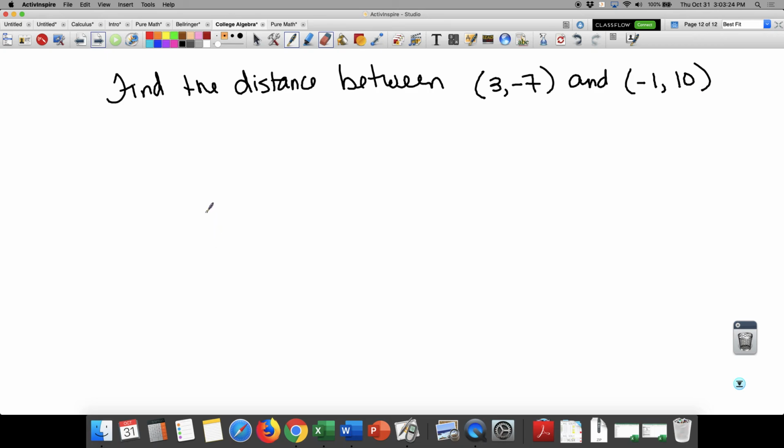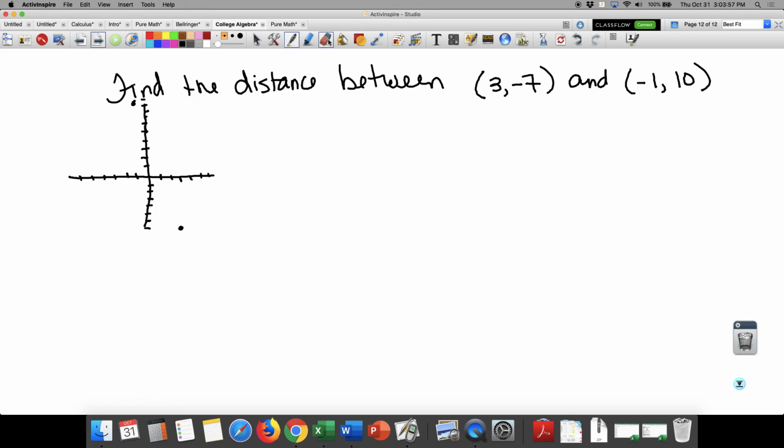Okay, good. So let's see if you've gotten the right answer. Again, I'm just going to sketch it, and I keep saying it is just a sketch to give you a visual of what you're looking at. Oh, I've got 10 up here. There's lots of them. Okay, so I'm at 3, negative 7, and negative 1, 10.